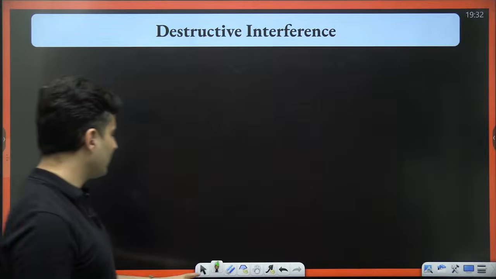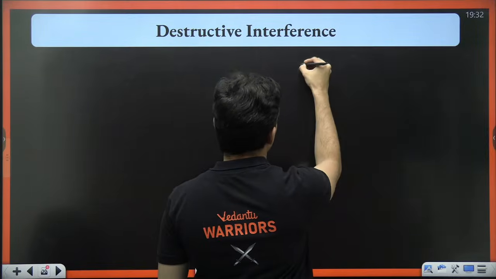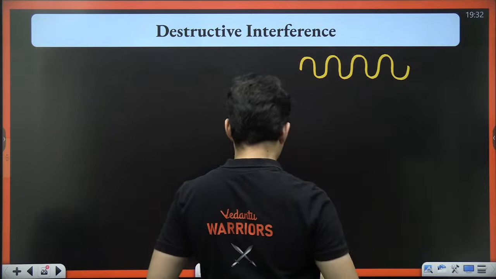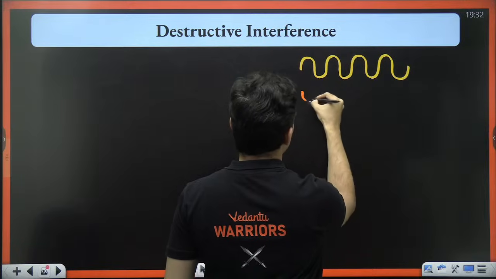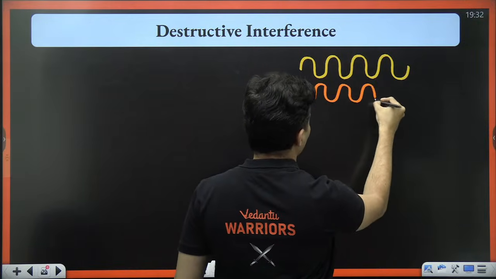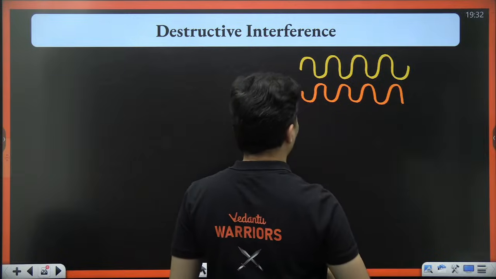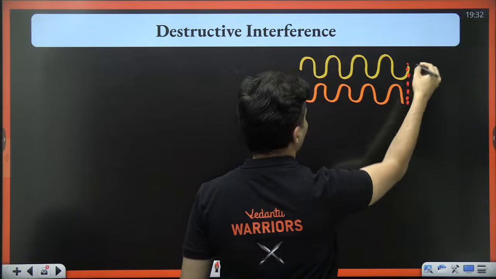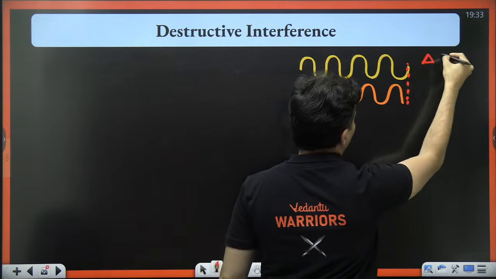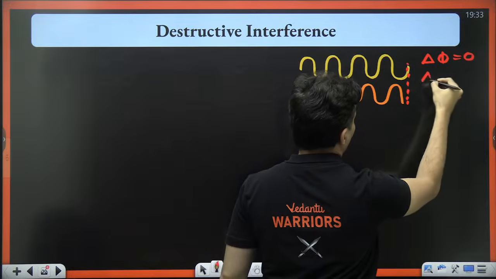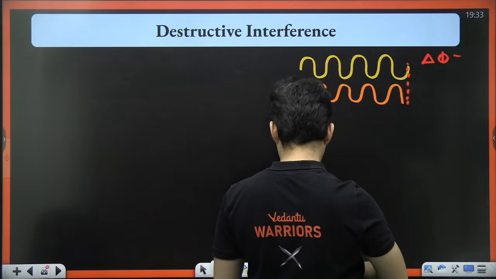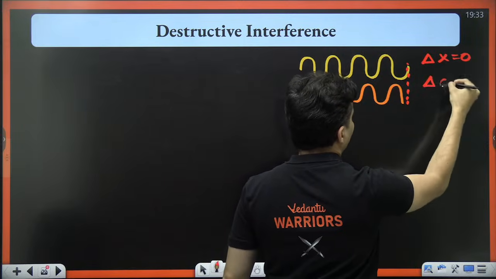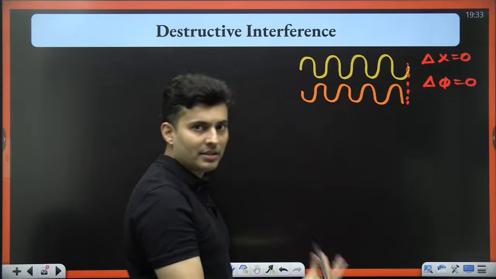Similarly, you get for destructive interference, my dear students, something like this. And let's say this is like this. Here you can see that both of them are together. So you will see delta phi is 0, and in fact we start with delta x being 0 and delta phi also being 0. No path difference, no phase difference.